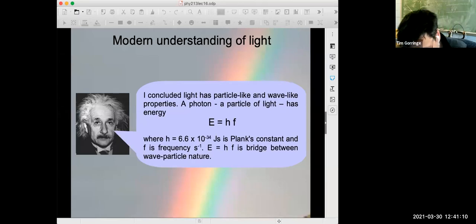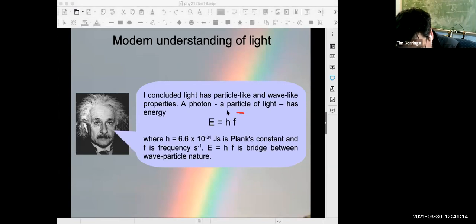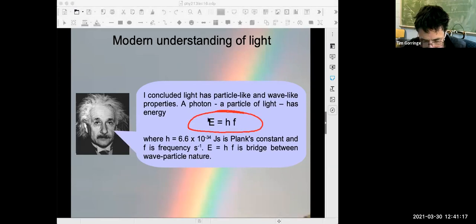And this equation, this famous equation from Einstein, represents really the relation between the particle-like characteristics of light, so photons of light carrying a certain energy, and the wave properties of light, waves of light having a characteristic frequency.